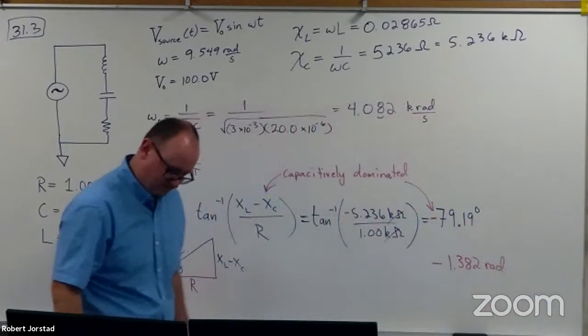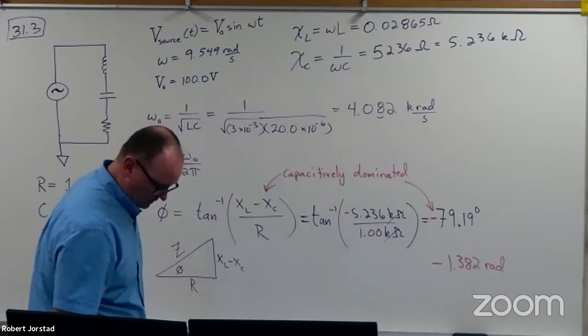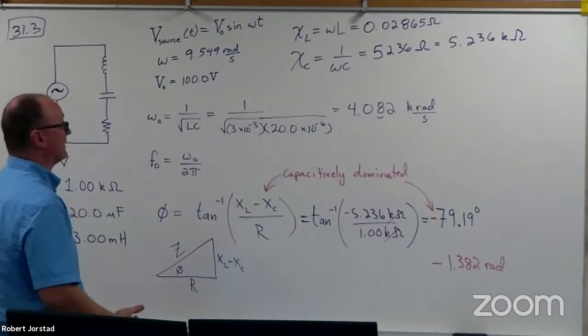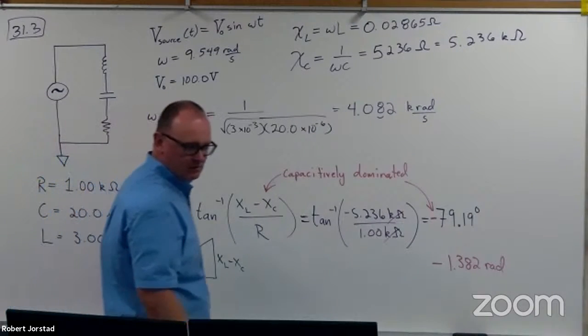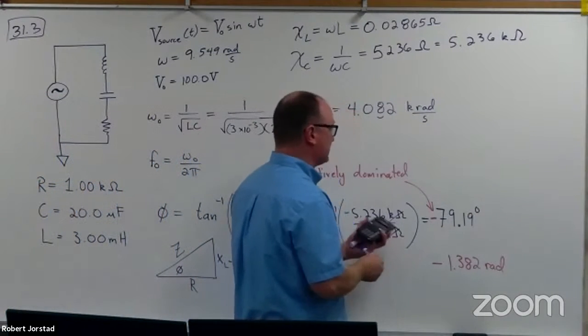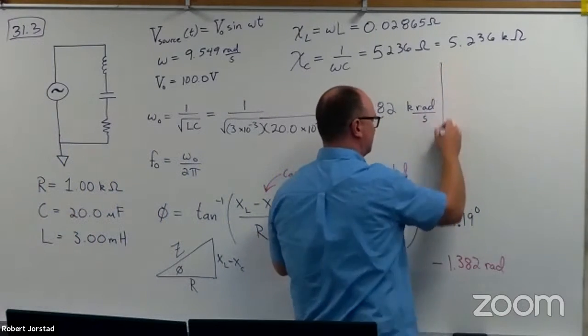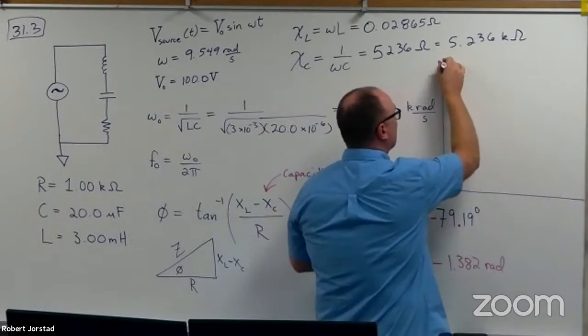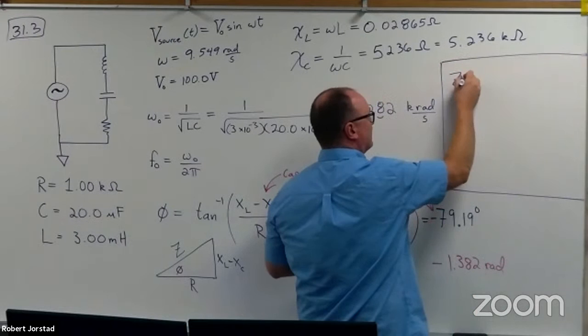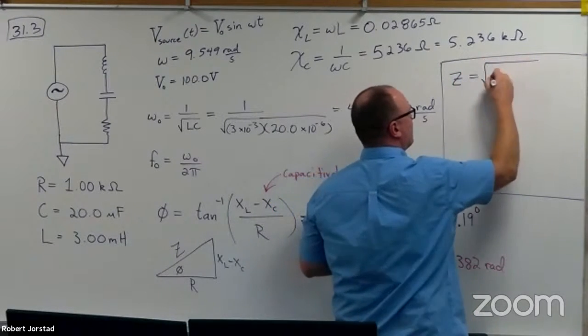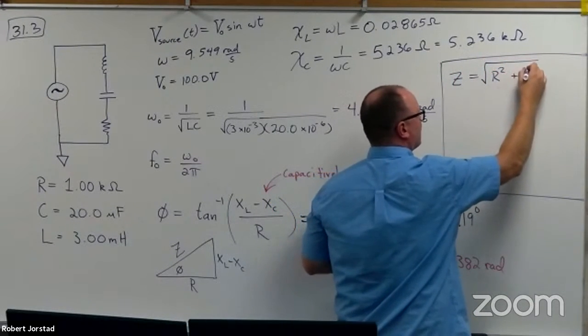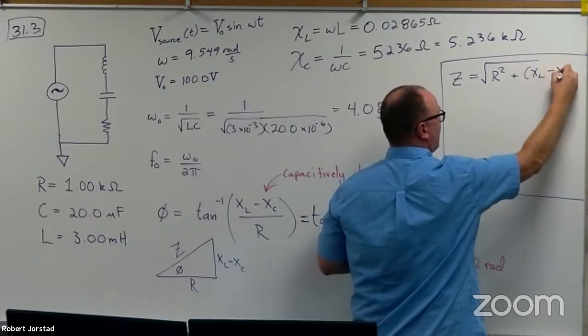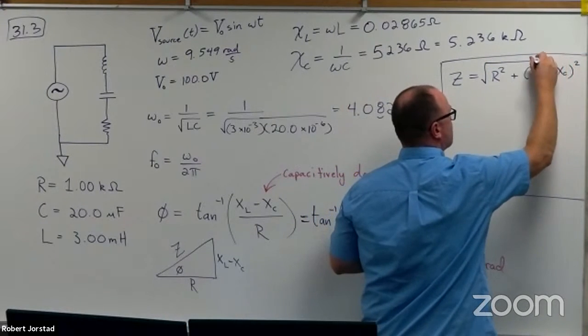What's the next part? Total impedance at this operating frequency. All right, well, so in this case, maybe I'll try and squeeze that in right here. I know that Z is the impedance, that's the square root of R squared plus XL minus XC quantity squared.